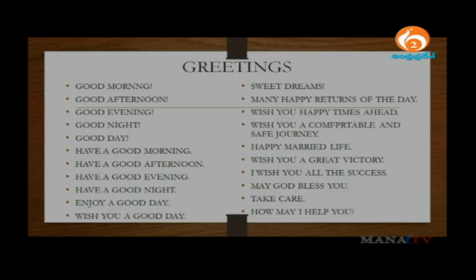A few examples of greetings: good morning, good afternoon, good evening, good night, good day, have a good morning, have a good afternoon, have a good evening, have a good night, enjoy a good day, wish you a good day, sweet dreams, many happy returns of the day, wish you happy times ahead, wish you a comfortable and safe journey, happy married life, wish you a great victory, I wish you all the success, may God bless you, take care, how may I help you?